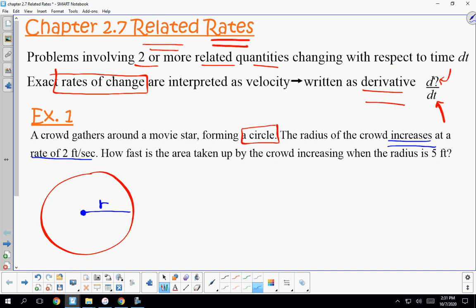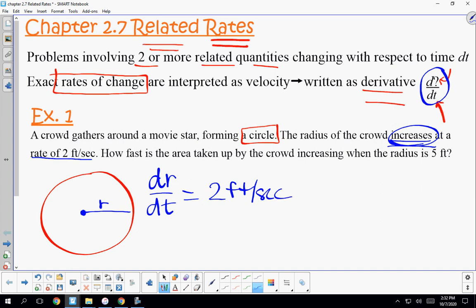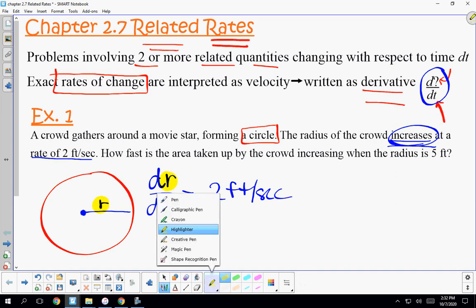And because it's increasing, it's a rate, so I'm going to express that as a derivative. I'm using this notation. And I'm going to use r for radius, so the derivative of r with respect to time is 2 feet per second. And I chose r here because that's the variable I chose for radius.